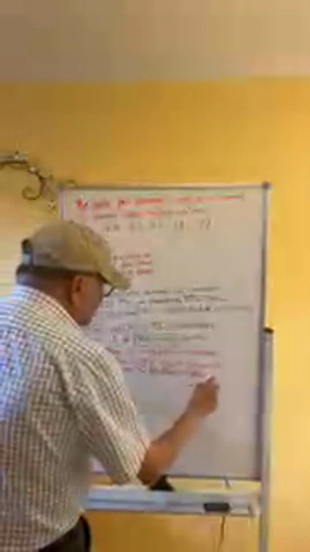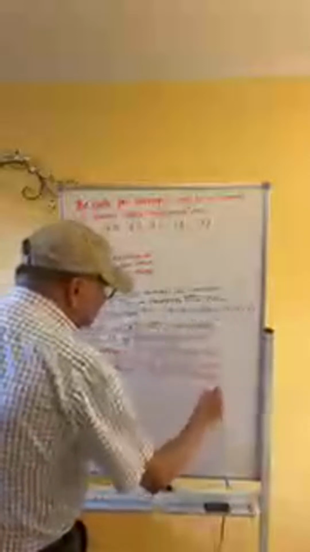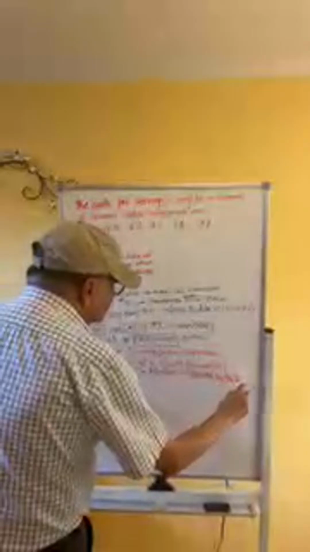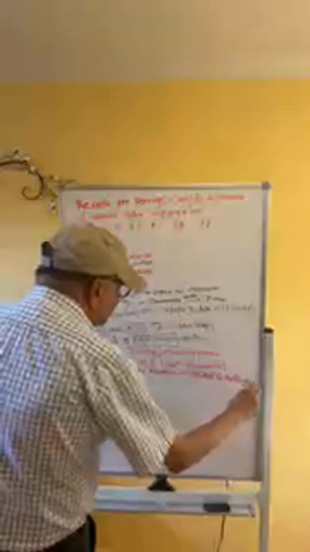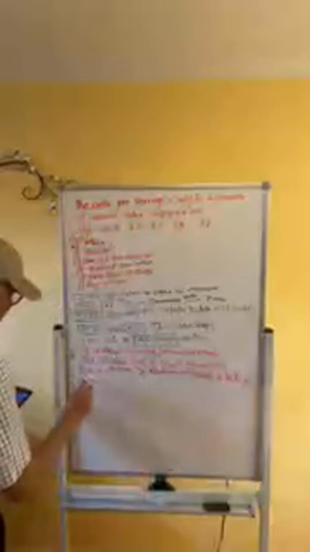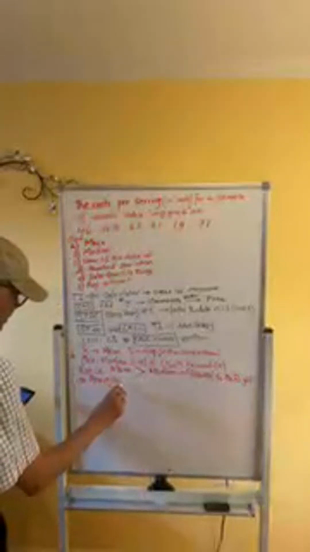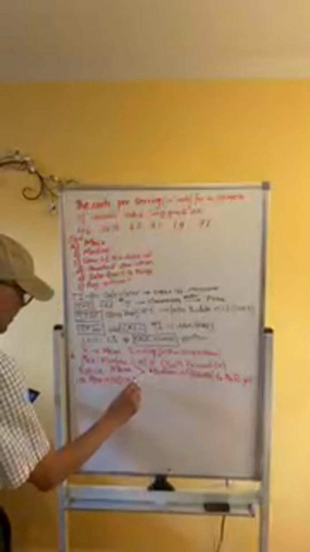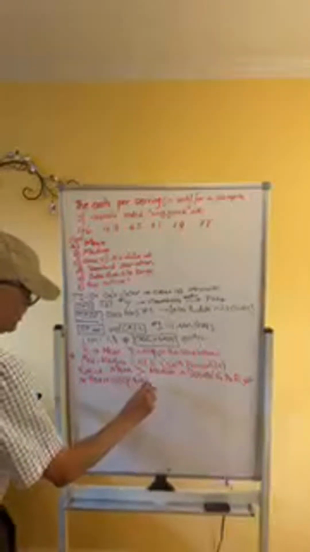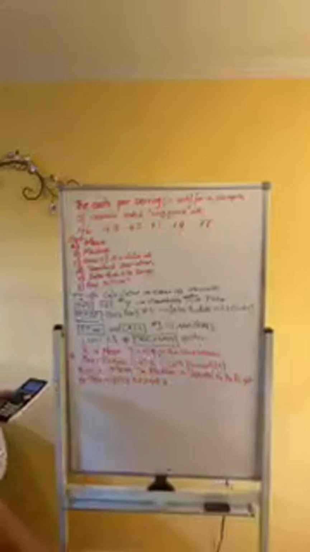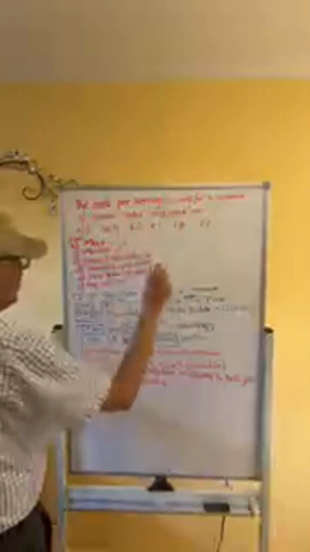Because there is some high number in the data set which pulls the data towards it, so it is skewed to the right or positively skewed, because the mean is greater than the median. The mean is 49, the median is 47.5. So we have answered mean, median, and skew of the data set.